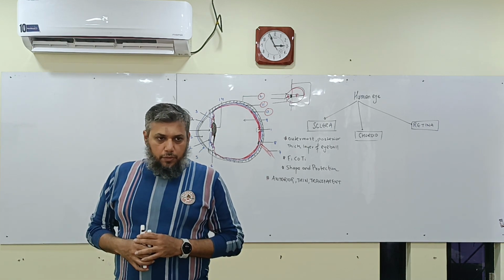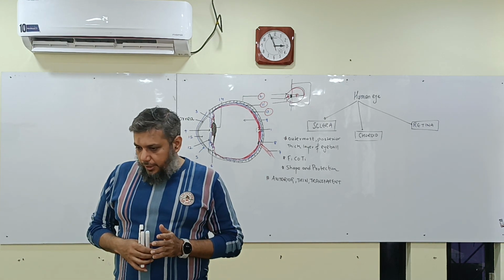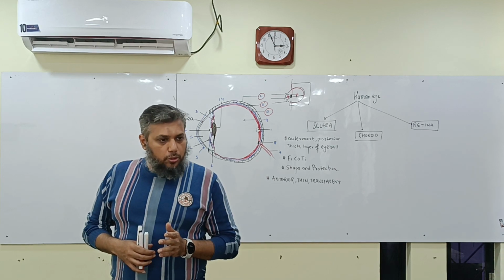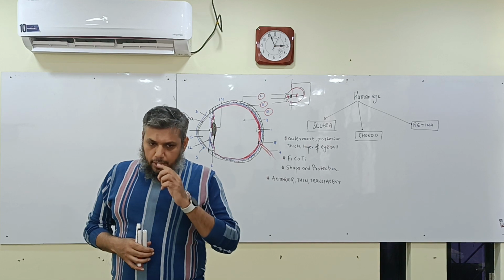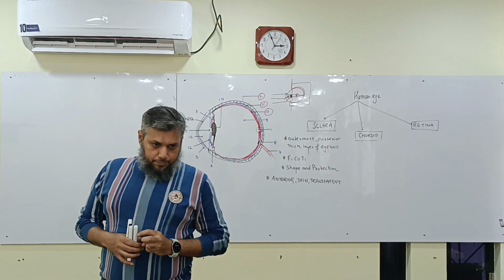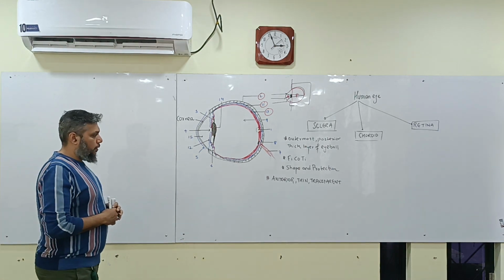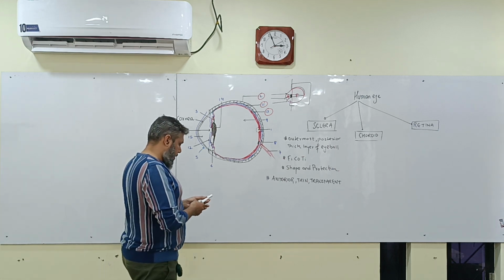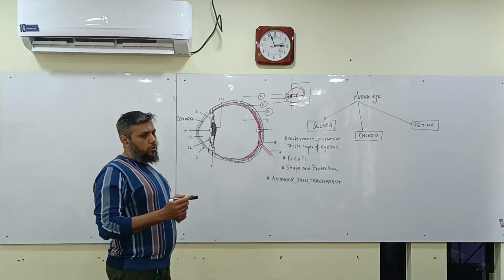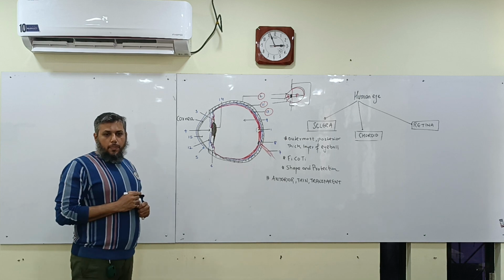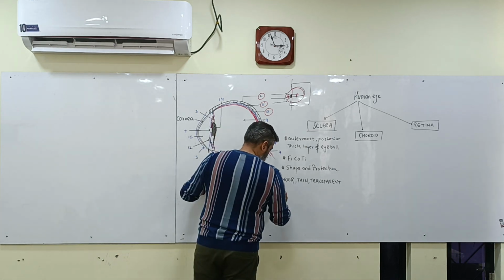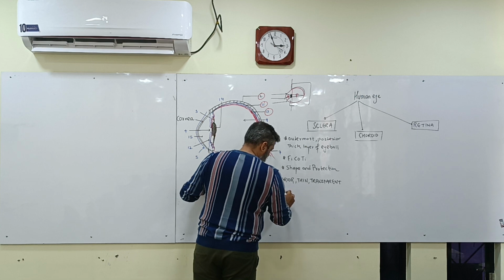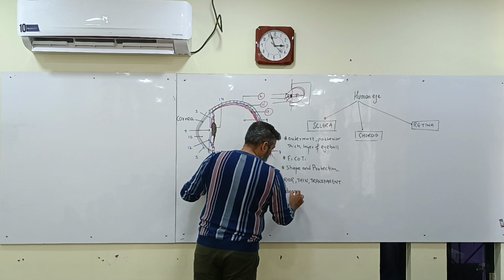Like you must have heard of the age-related disorder called cataract, which we call motibindu. That motibindu is also because of the cornea becoming opaque. So it's the anterior, thin, and transparent continuation of the sclera. And what is its main function? It helps in the bending of light.